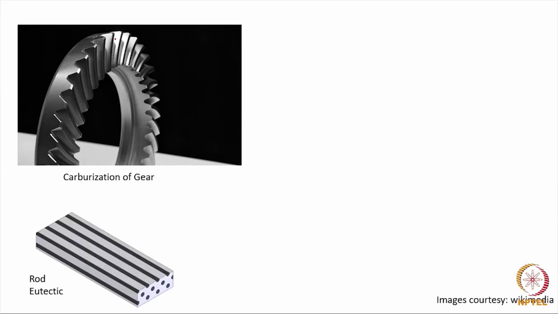On the other hand, let us say you are solving for the composition distribution while an alloy is growing as a rod eutectic. Because the dimensions of the eutectic spacings are very small, in the tens of microns, you are forced to take the cylindrical geometry for this particular diffusion.